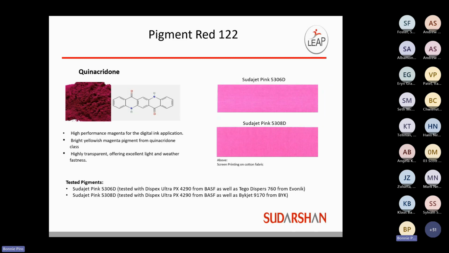But when we looked at Tego or BIC materials, we did see something more unique from BIC for the 5306D or from Tego, and then a unique one from BIC for the 5308. So we have that data. We can assist all of you with helping to match the best dispersant for the actual pigment product.